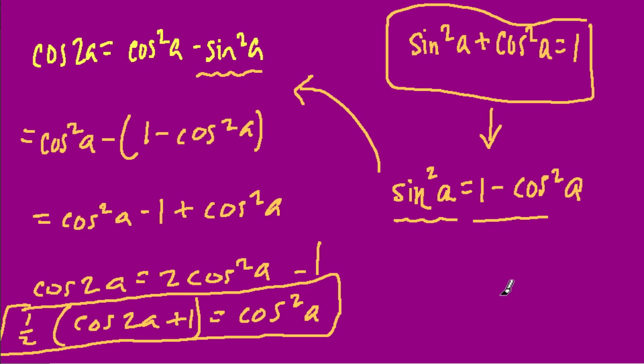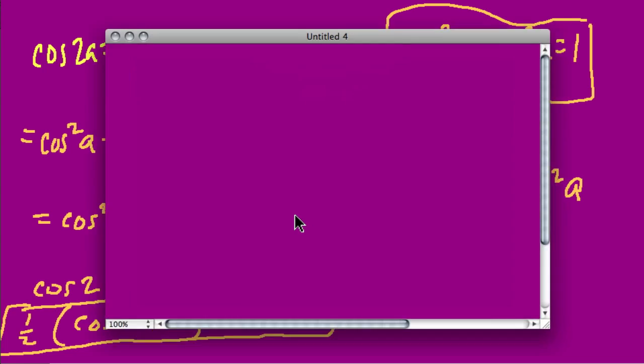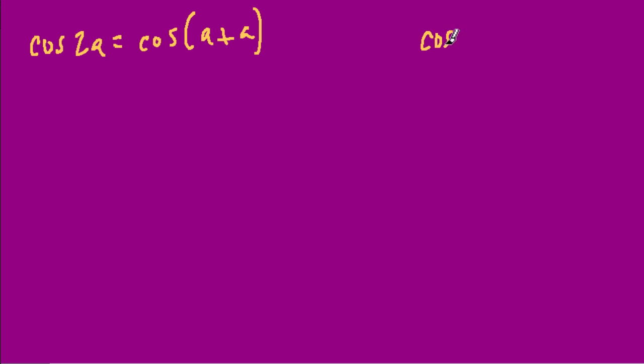And of course we can keep going. What if we had, well, again, cosine of 2A equals the cosine of A plus A. We return to this one, and we had that cosine squared of A plus sine squared of A equals 1. So now I'm going to subtract sine squared from both sides.